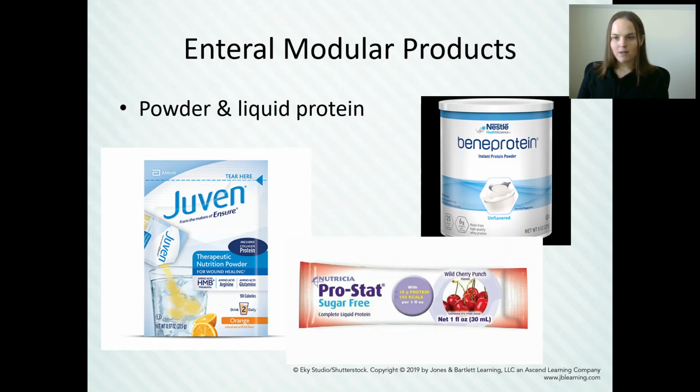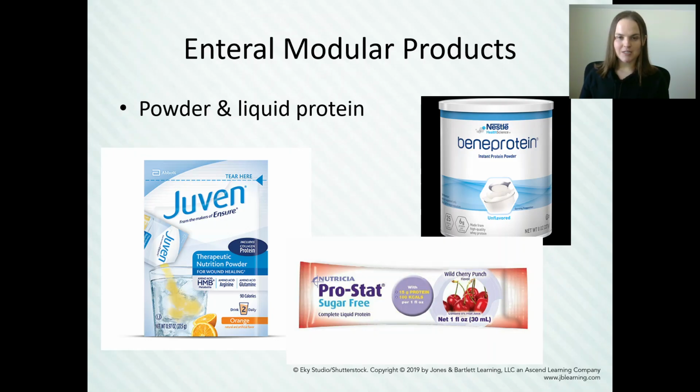So one of the positives of these products is that they obviously provide protein for the patient, but they are difficult for nursing staff to use. So if you're in the ICU, they're pretty used to using these types of products, and they'll definitely administer them.